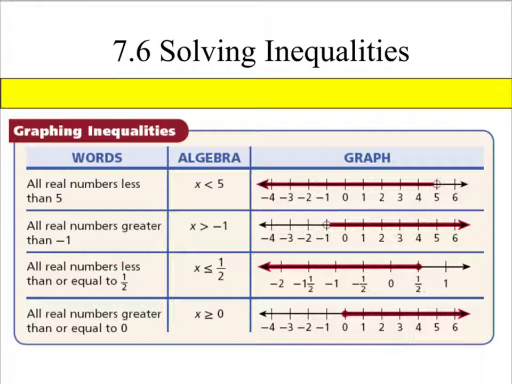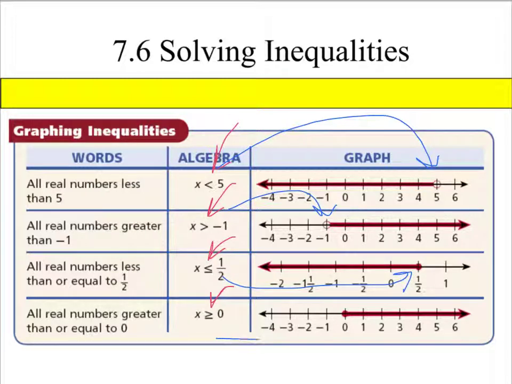When you look at this type of equation, the very first thing, notice our symbols: less than, greater than, less than or equal to, and greater than or equal to. With each symbol, you have open and closed dots. For less than or greater than, both are open dots.